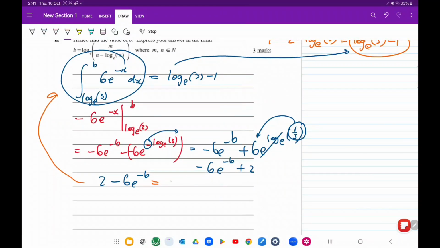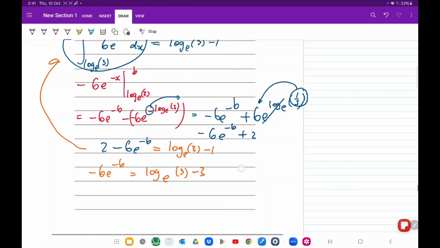Now we can equate that to log e 3 minus 1. When we rearrange it, we get negative 6e to the negative b is equal to log e 3 minus 3. Then we divide both sides by negative 6.